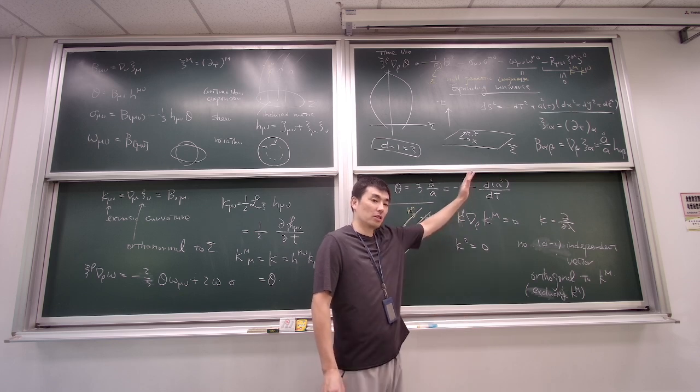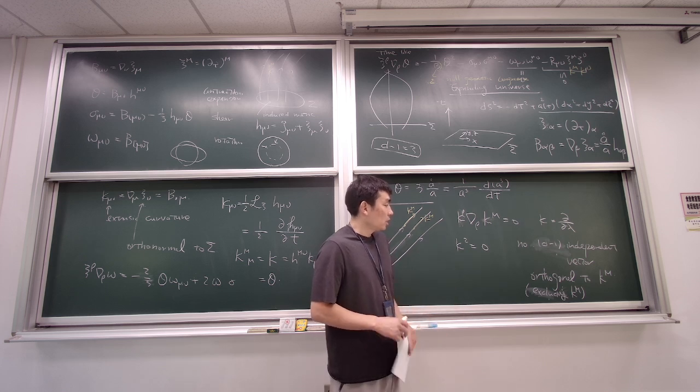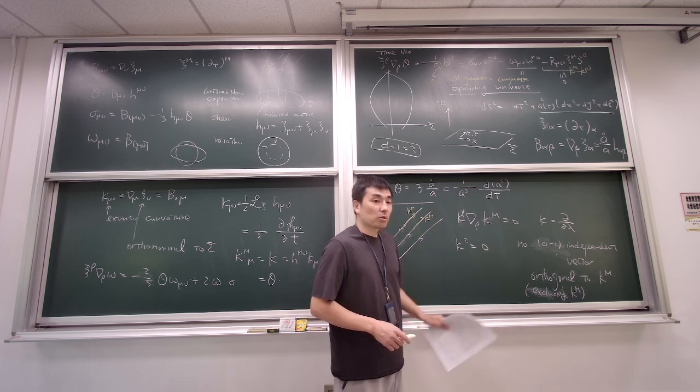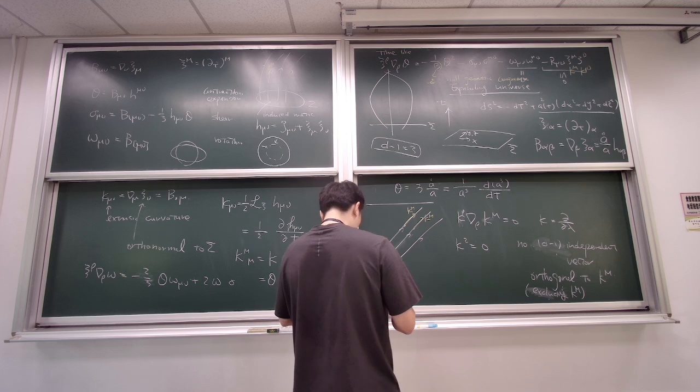It's a null norm. But here there are no d minus 1 orthogonal vectors. So one has to define the following vector.